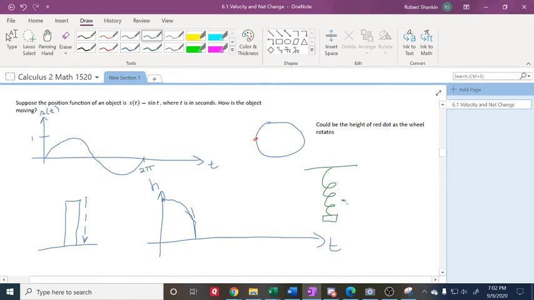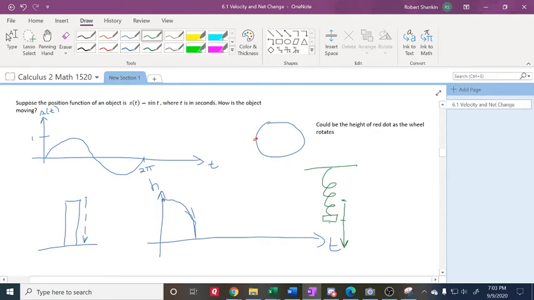Maybe you'd start the clock when the object gets to here, so it would start at height 0, and then maybe you'd pull it downward and then release it, and it would bounce up at first to be like this, and then it would bounce back and forth.